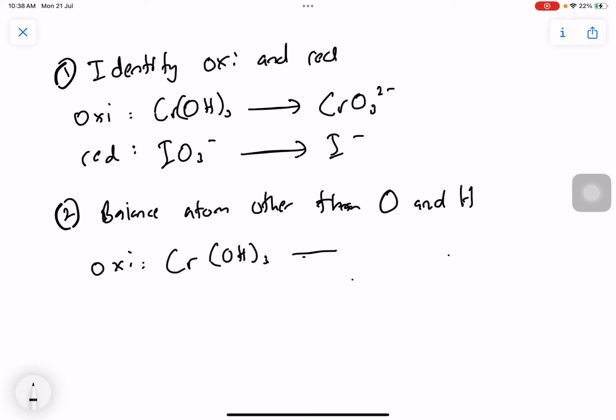CrOH3 to CrO3 2 minus. And for reduction also no change for iodine. Iodine is 1 at reactant and product. So IO3 minus to I minus.